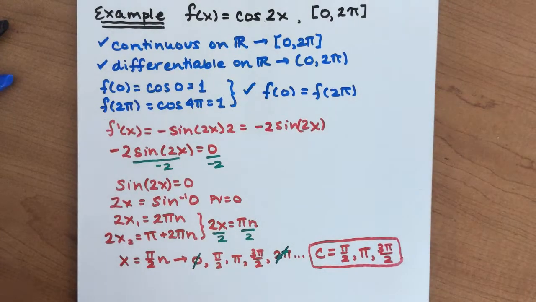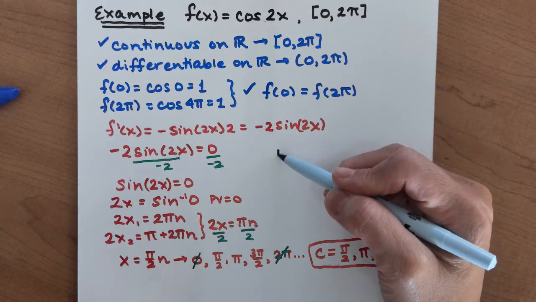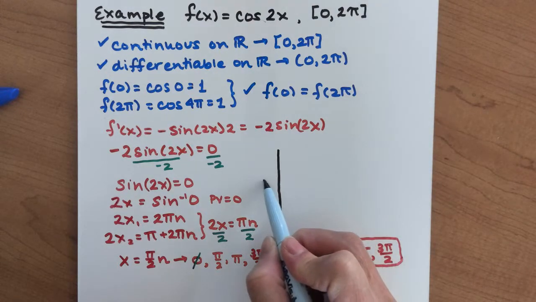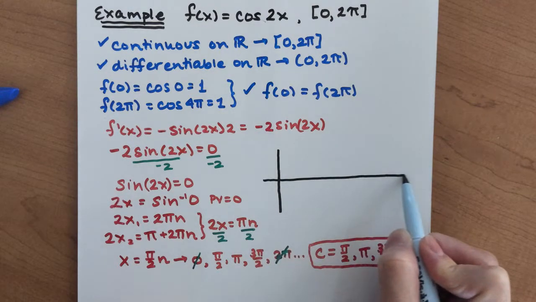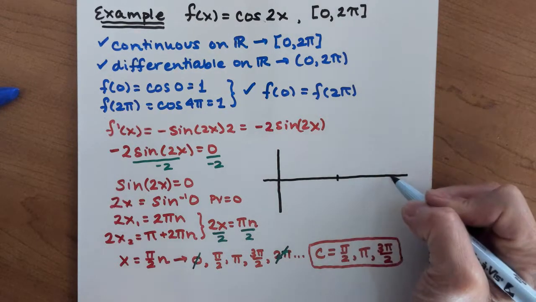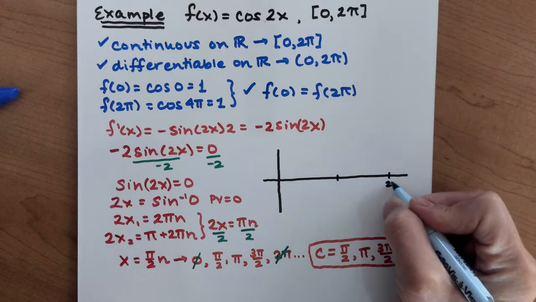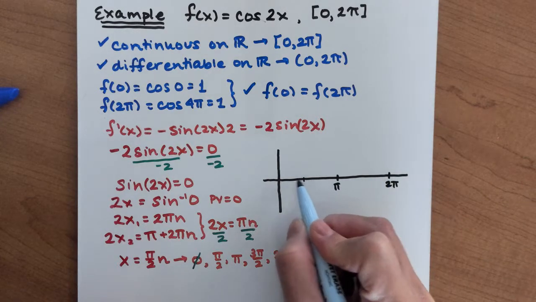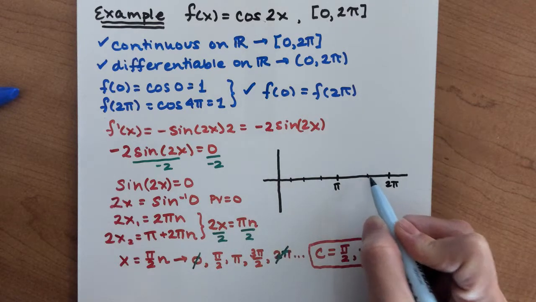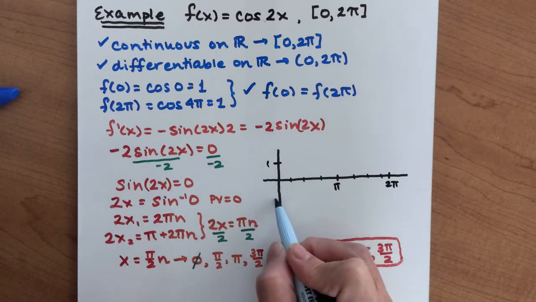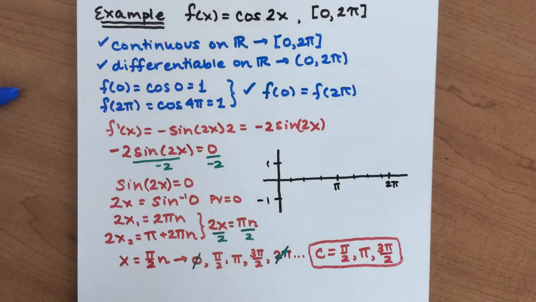I'm going to draw a quick illustration to show what we just found. So, we were talking about the graph of cosine 2x. The 2x in cosine 2x means that there are going to be 2 cycles in 2 pi. So we can draw our 2 cycles with a maximum of 1 and a minimum of -1.